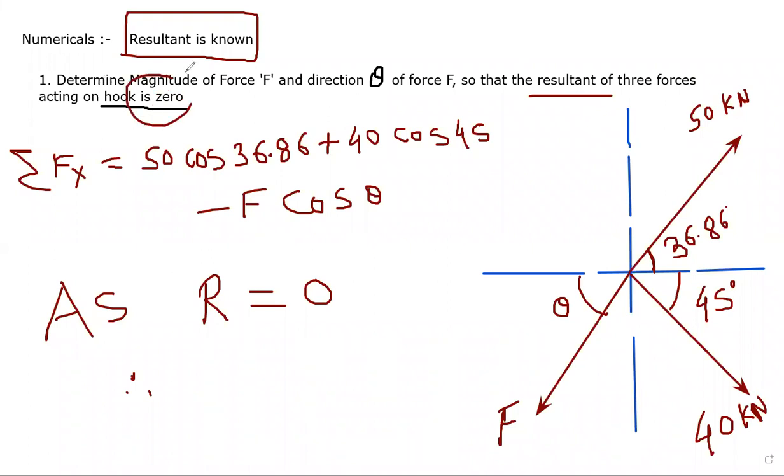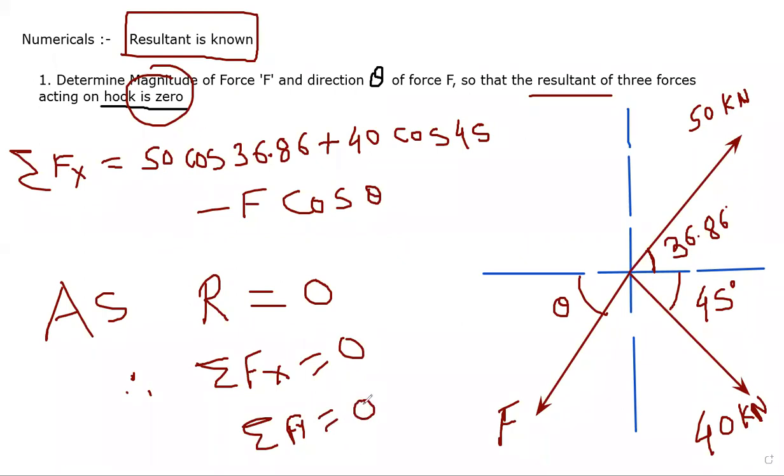So R is 0. So what is summation Fx equal to? It is equal to 0. And summation Fy is also equal to 0, because the resultant given is equal to 0.